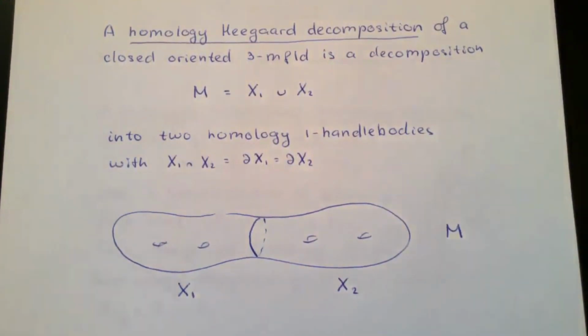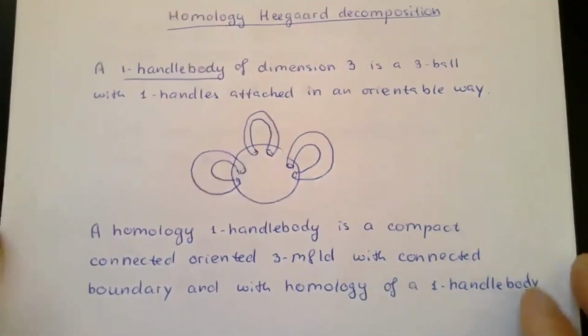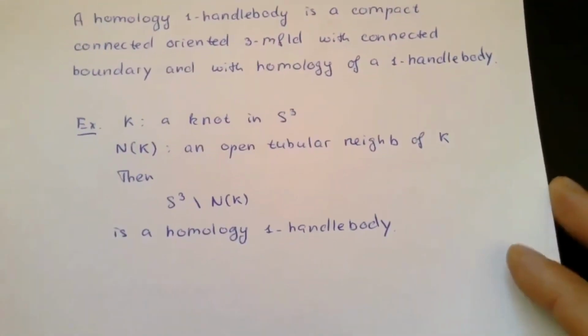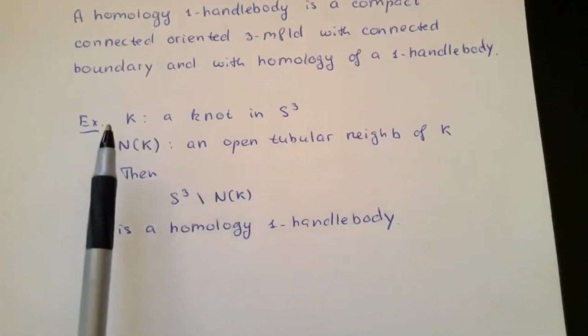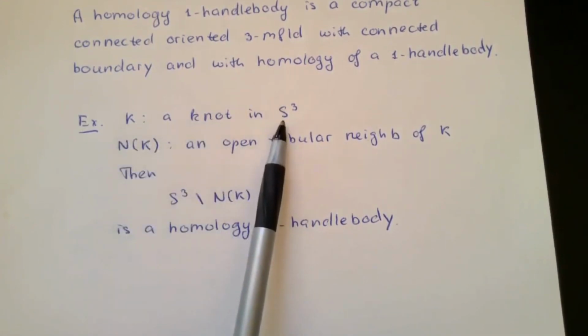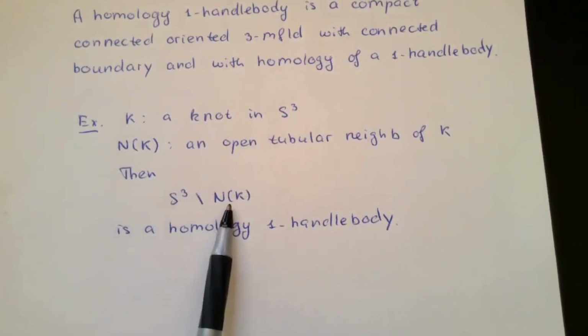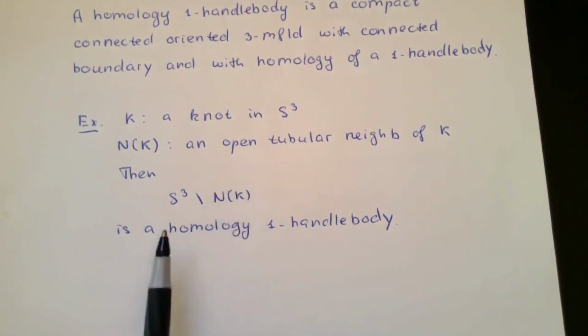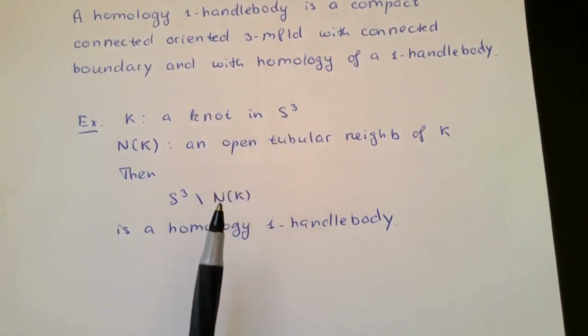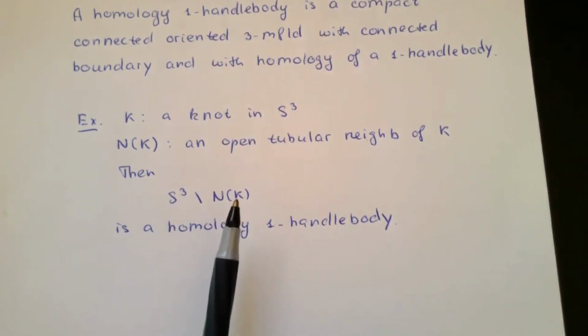For example, if we go back to an example that we considered just a couple of minutes ago, we can take here a knot, or maybe even some one-handle body inside of S3, then the complement of a one-handle body is going to be a homology one-handle body. And this would give us a homology Heegaard decomposition of S3 for any embedding into S3 of a one-handle body.